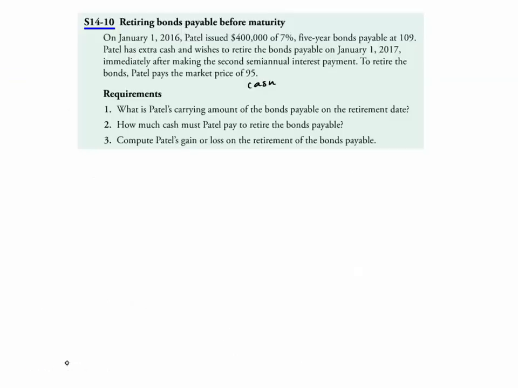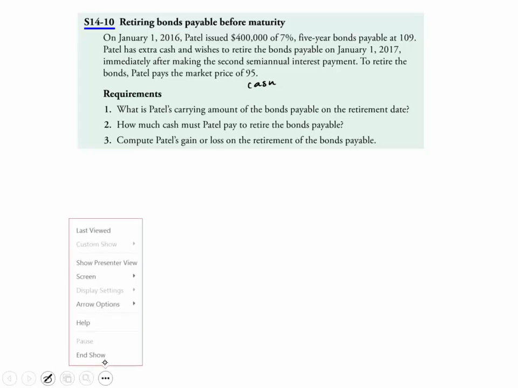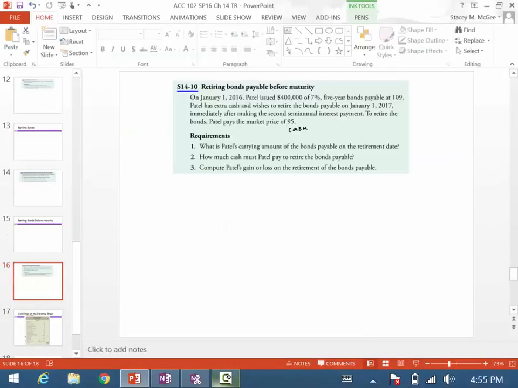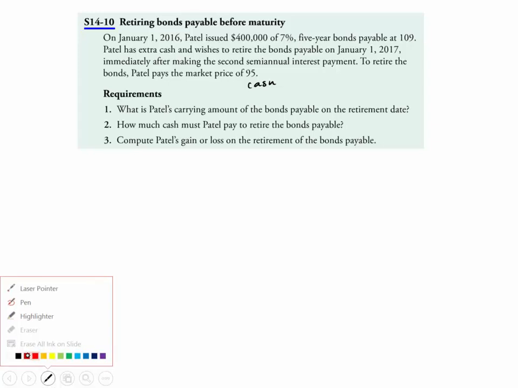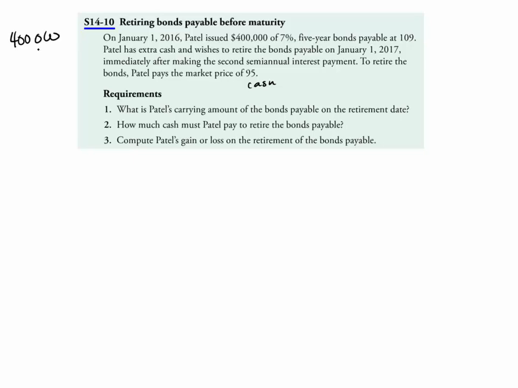So the carrying amount of the bond at the retirement date. We have to go back at the beginning and say, okay, the bond was a $400,000 bond, and we issued it at 109, times 1.09.